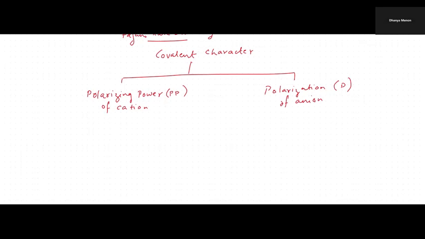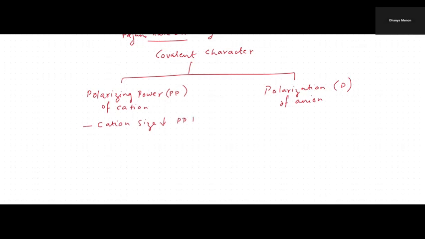So for cation, it is cation size. For smaller cations, more is the polarizing power. So as the cation size decreases, polarizing power increases.